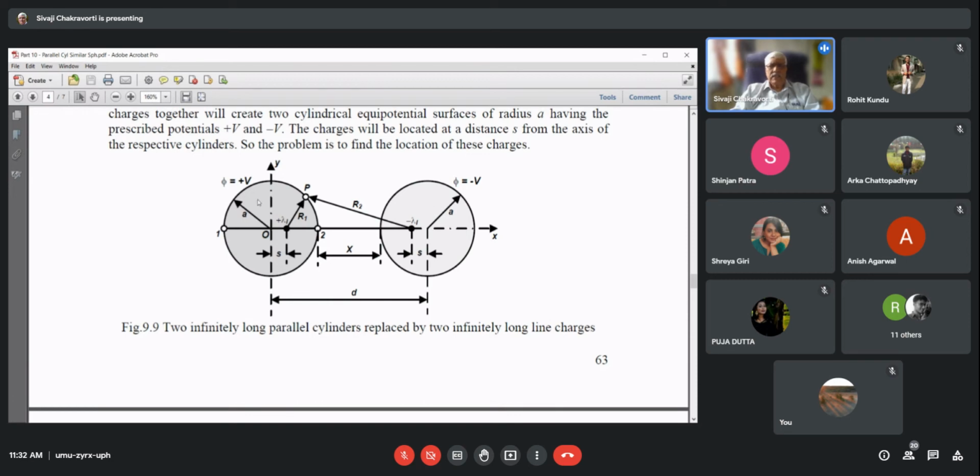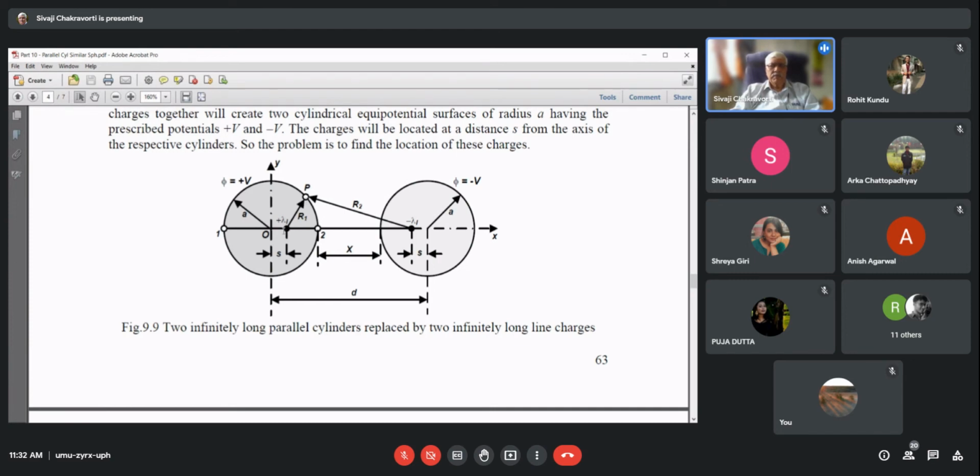And with this configuration, we are trying to establish that these two cylindrical surfaces will satisfy our boundary condition. So we start in the same way, that we take a point P on the cylinder 1, that is the positive cylinder.